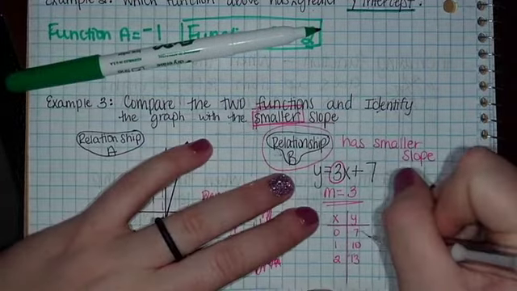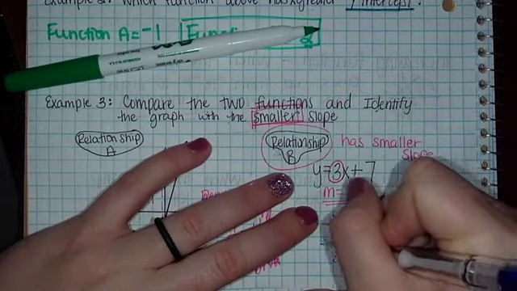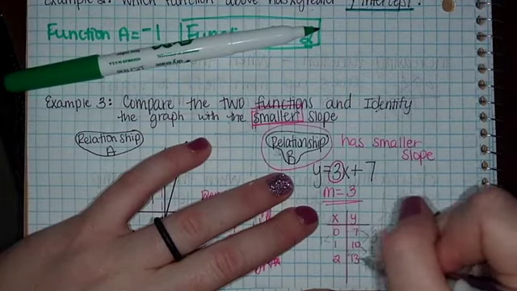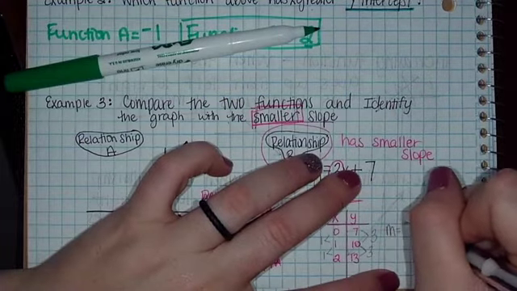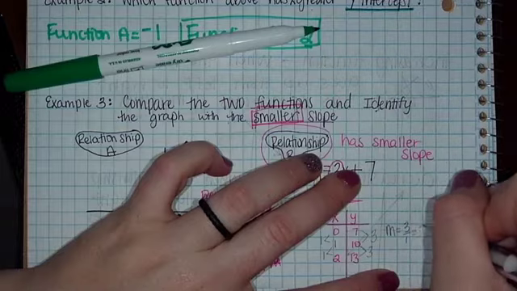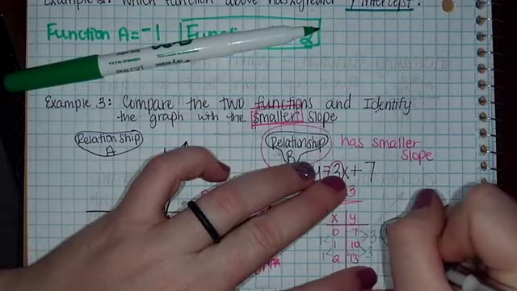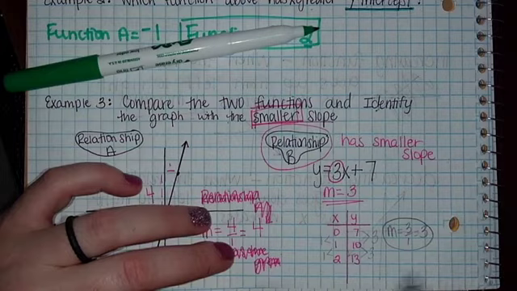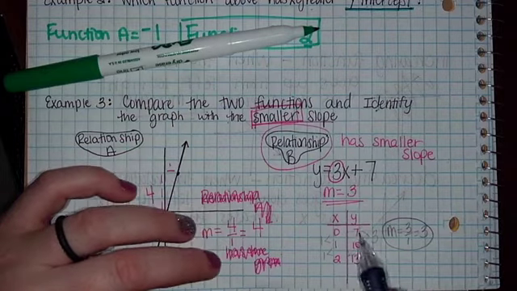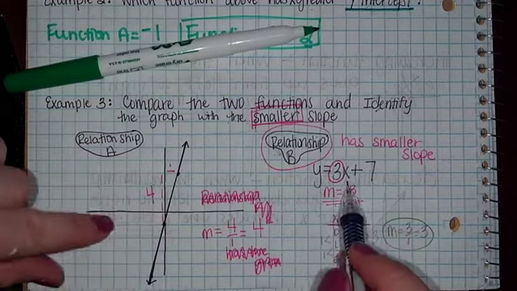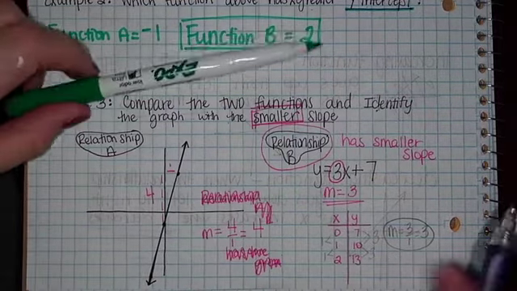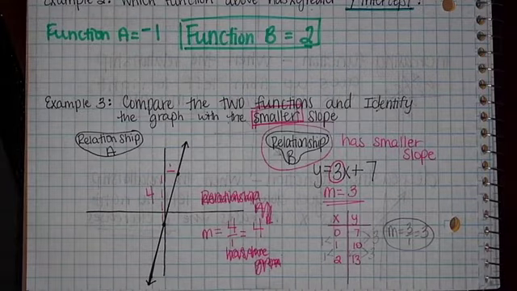So I might have to go, okay, this is 3, this is 1, this is 3, this is 1. So then my m would be 3 over 1, which is just 3. So pay attention to the way they write it. If they're asking about slope, just find the slope from the table, from the equation, or from the graph. Okay? So that is comparing key features. Sometimes they get a little bit harder, sometimes they're pretty easy.